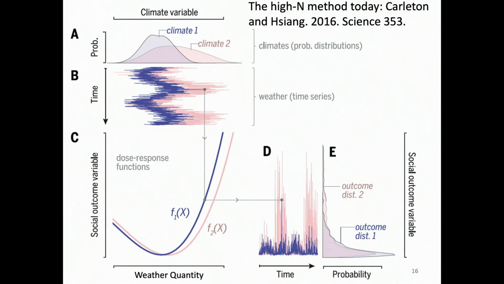Then you ask, what functional shape maximizes the fit between what we observe in the social outcome and what we predict from the weather? That regression is what you do within each country, but you then do all countries simultaneously.